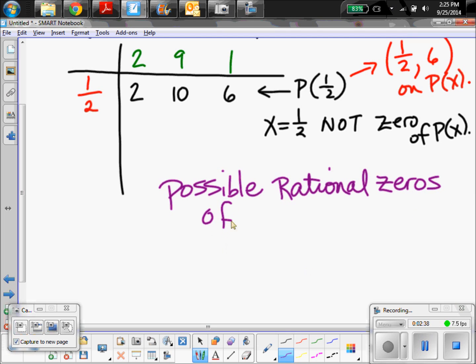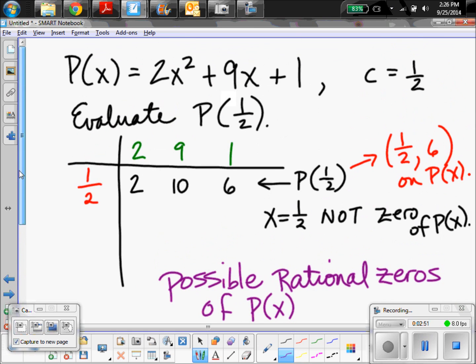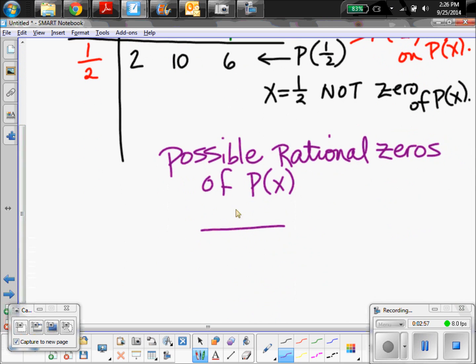Okay, so here's where we realize that all of those numbers are going to be fractions. That's what rational numbers are. The numerator of all of those possible zeros will be the factors of 1. Well, the only factors of 1 are 1 in itself as far as integers go.